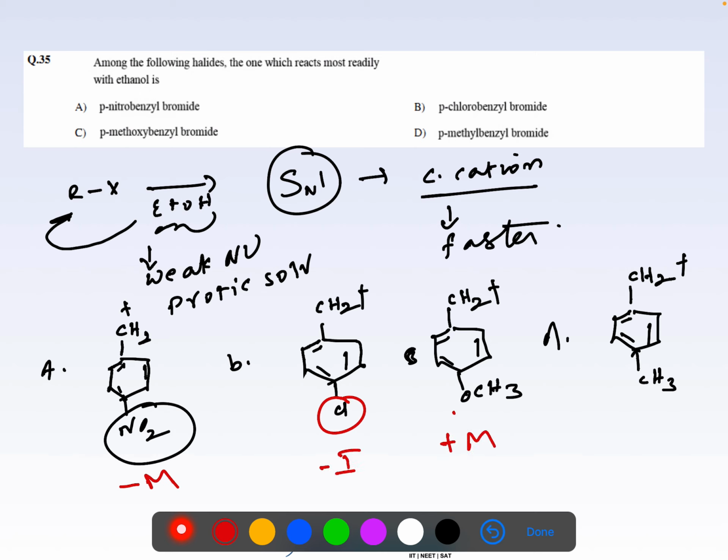This is plus M group, and this is an electron donating group through hyperconjugation as well as plus I effect. So electron donating groups stabilize carbocation, and among methyl and methoxy, plus M effect is more effective. So C is more stable. Therefore, the option C will react faster under SN1 condition. That means with ethanol.